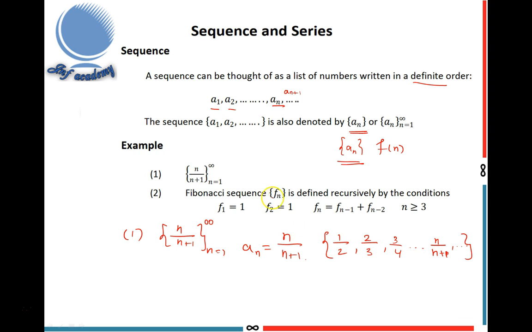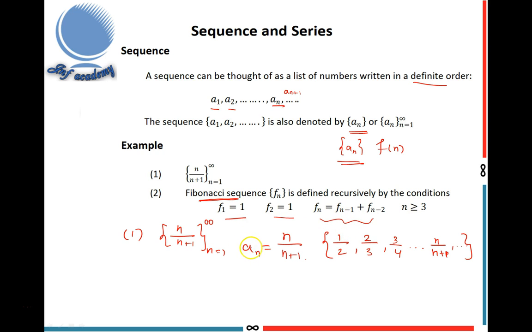This is one example. Next, I am going to explain what the Fibonacci sequence is. It is a very important standard sequence. The Fibonacci sequence fn is defined recursively by f1 equal to 1, f2 equal to 1, and fn equal to fn-1 plus fn-2, for n greater than or equal to 3.